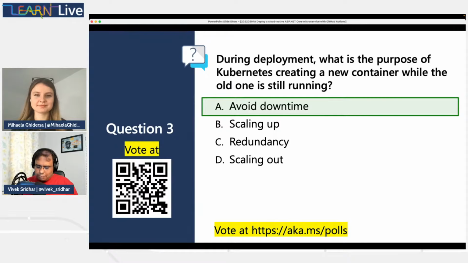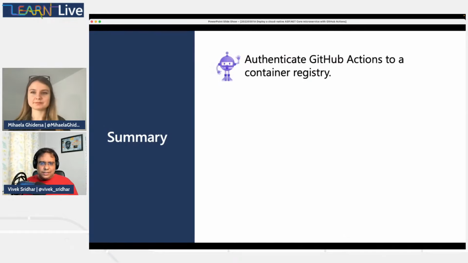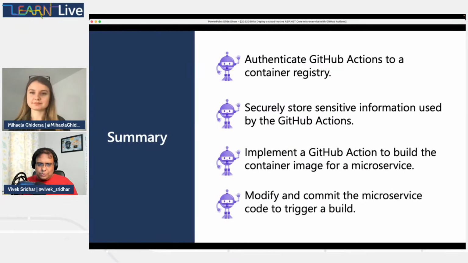So yeah, we have come to an end of the questions part, and let's just summarize what we did. We created GitHub Actions to be used with Azure Container Registry from an authentication perspective. It required a couple of pieces of information to be added into the GitHub repo.